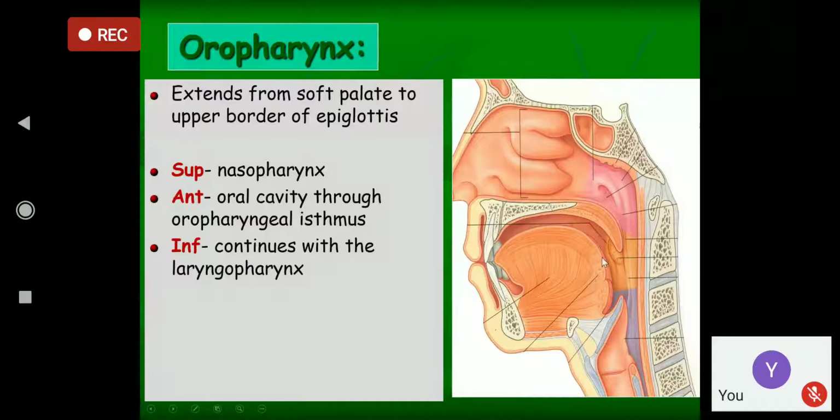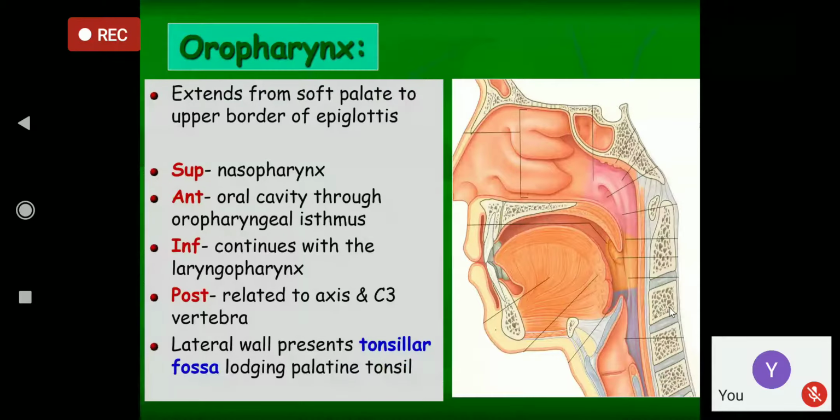So we have the oropharyngeal isthmus over here, and this will be formed by the palatoglossal arch on either side. Inferiorly is the laryngopharynx. Posteriorly, it is related to the C2 and C3 cervical vertebrae.